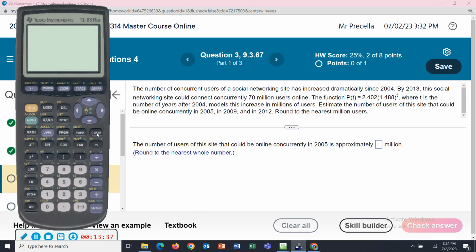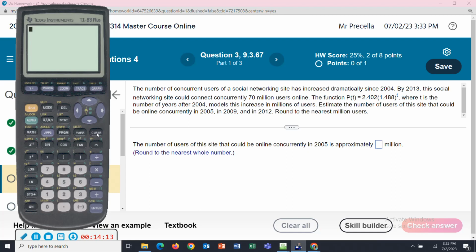By 2013, this social networking site could connect concurrently 70 million users online. Okay. The function, here comes the important stuff for the problem. The function p of t equals 2.402 times 1.488 to the t, where t is the number of years after 2004. This function models this increase in millions of users.